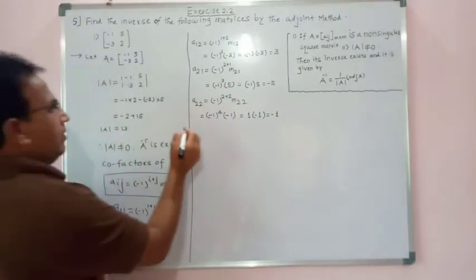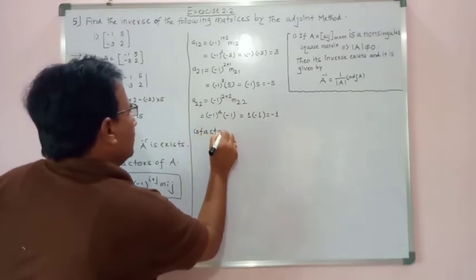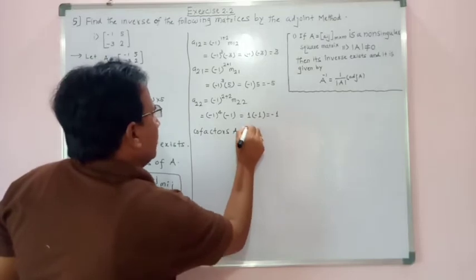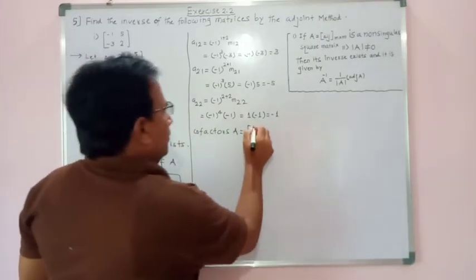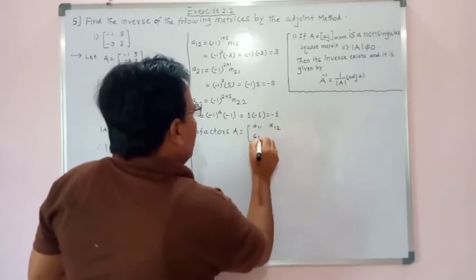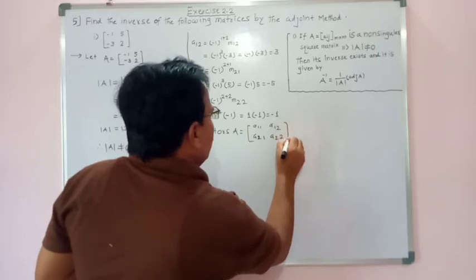Therefore, cofactors of matrix A are A11, A12, A21 and A22.